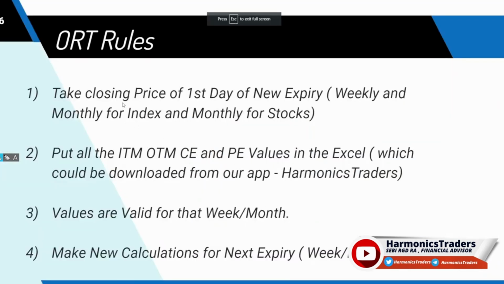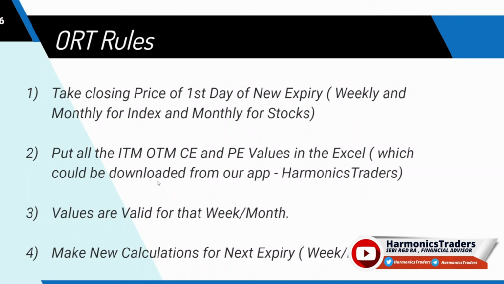For ORT, you are supposed to take the closing price of the first day of the new expiry. If it's a weekly expiry, take Friday's closing price, and if it is a monthly expiry, take the closing price of the first day of the new expiry. Once you have chosen the particular day, take all the ITM, OTM, CE and PE values and put them in the Excel.